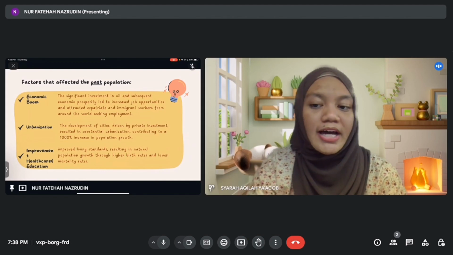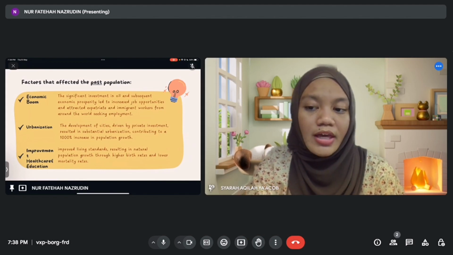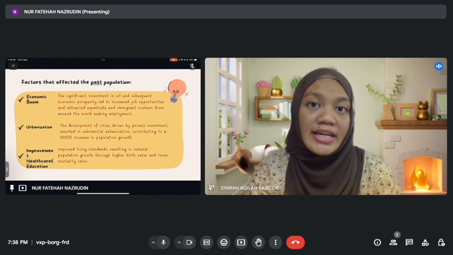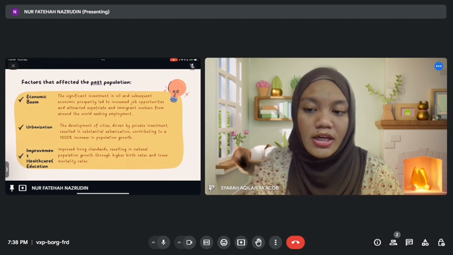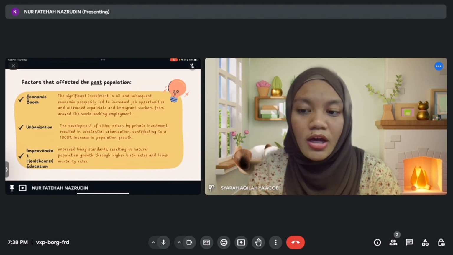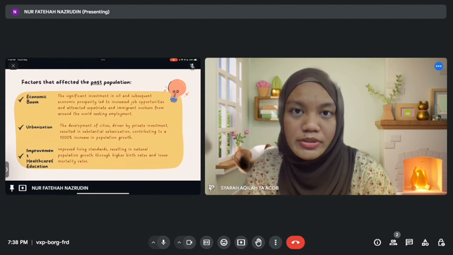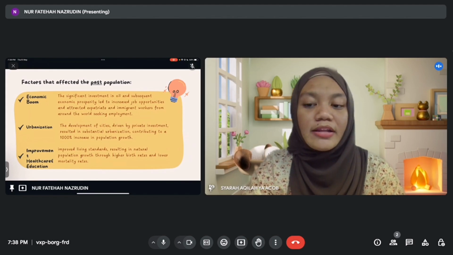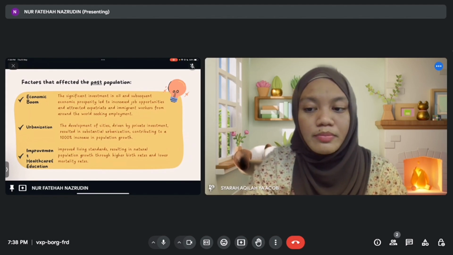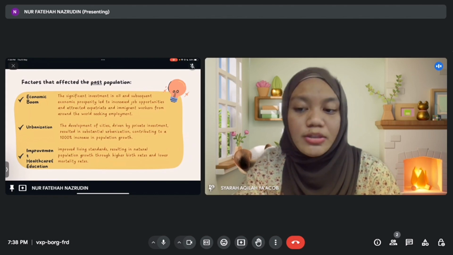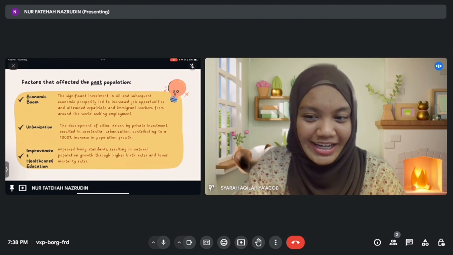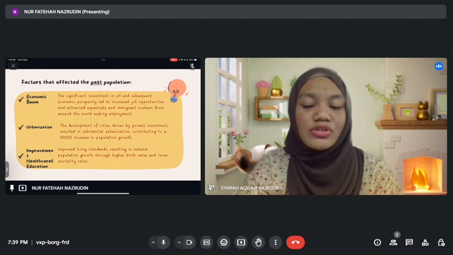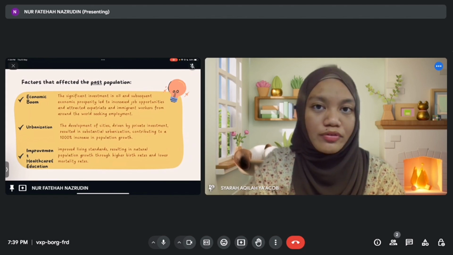UAE has advanced cities driven by a lot of private investment, and that is why UAE has big urbanization, which contributes to population growth. And lastly, healthcare and education improvement. Because of that, the living standard improved, and this country has high birth rates and lower mortality rates, resulting in natural population growth.